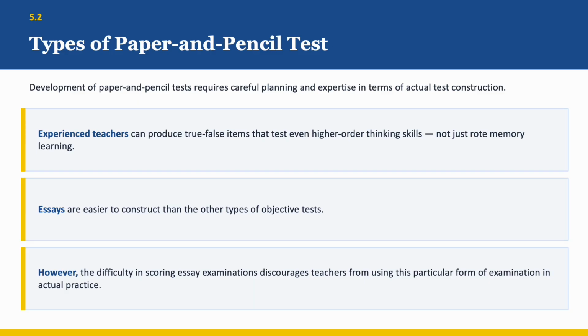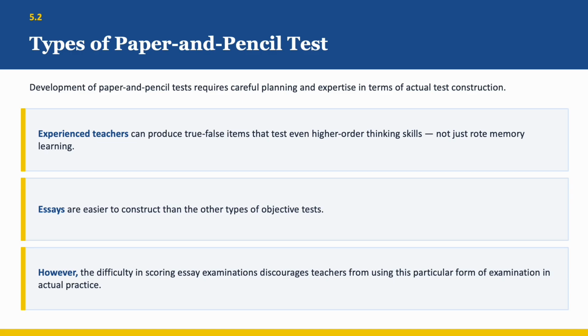On the flip side, we have essays. You might think essays are the hardest type of test to make, but actually, the text tells us that essays are easier to construct compared to objective tests like multiple choice. But, and this is a big but, even though they're easier to write, essays are harder to score.